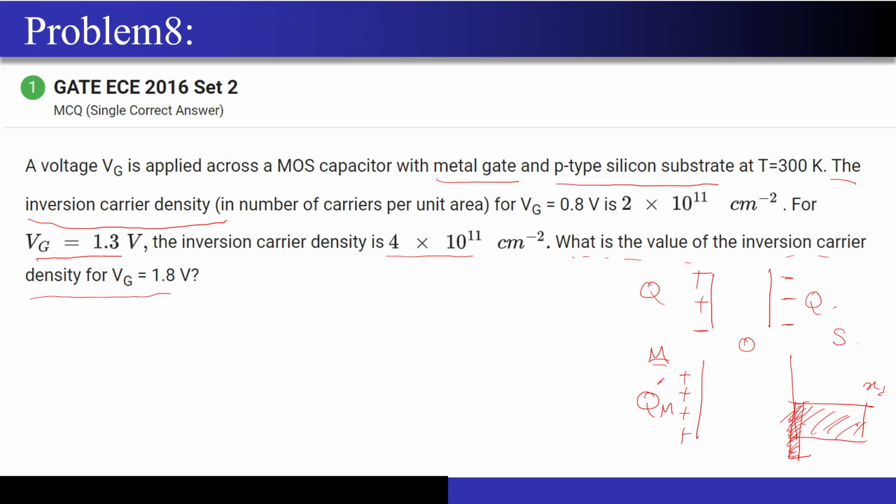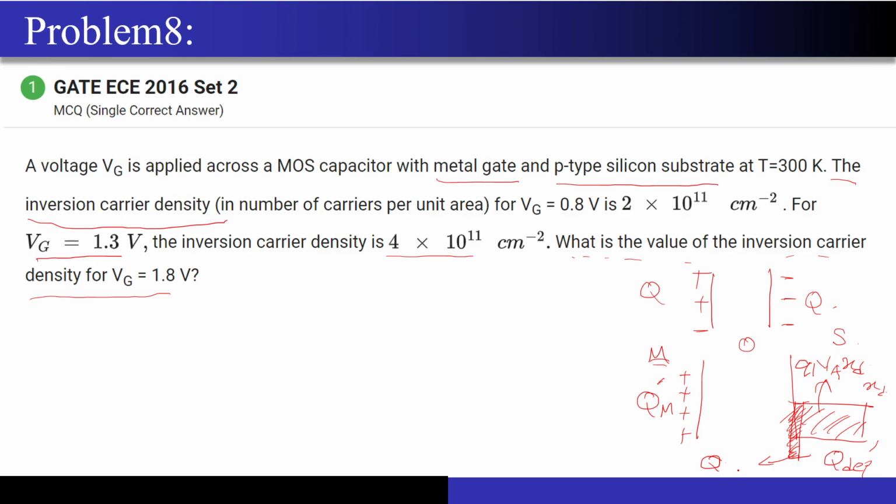If I ask what is the charge associated with the depletion region, you will tell me, sir, it is nothing but q into Na into xd, right? Now I will denote this qNa xd as Q dep dash, and the charge density associated with this inversion layer, I will denote as Q inv dash.